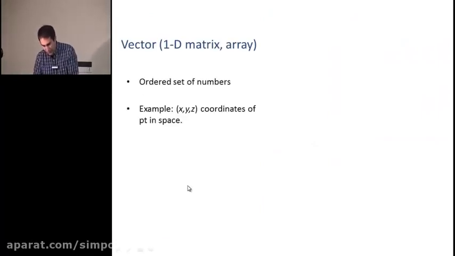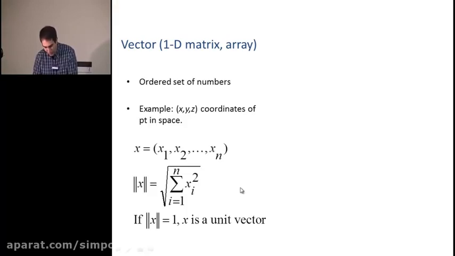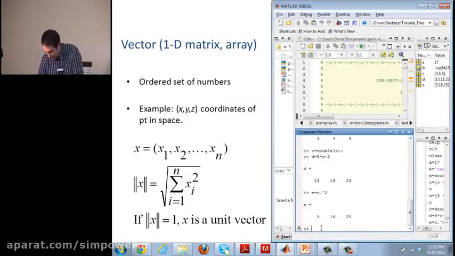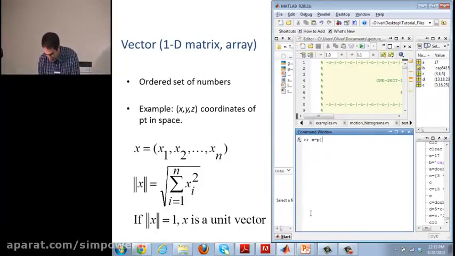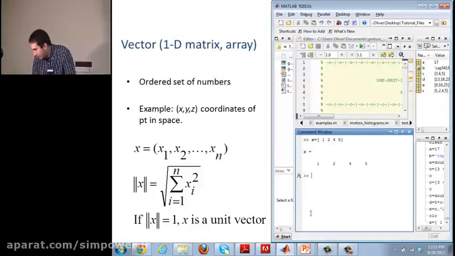The vectors are ordered sets of numbers. So for example, you can define an array like this: 1, 2, 4, 5. Then you can look at each element just by putting its index in parentheses.